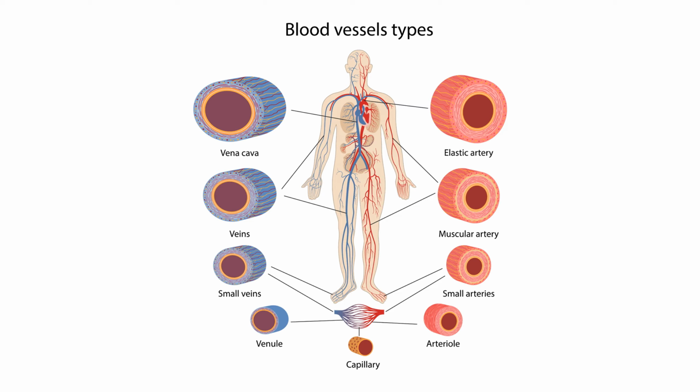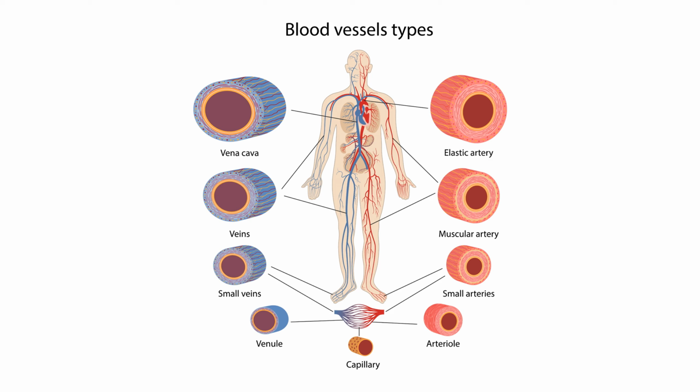The resistance to blood flow in the systemic circulation is known as systemic vascular resistance. As said, the smaller arteries, called arterioles, have more smooth muscle in their walls, which, like the heart, is under the control of the autonomic nervous system and also local factors.